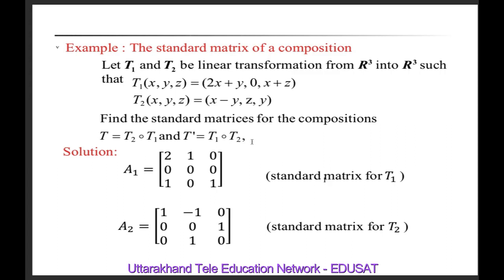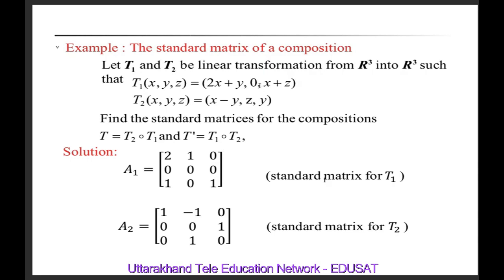So the standard matrix for T1, with respect to the usual basis, we can write simply as the coefficients of x, y and z. In the first vector, the coefficient of x is 2, coefficient of y is 1, coefficient of z is 0. So the first row of the standard matrix is 2, 1, 0.